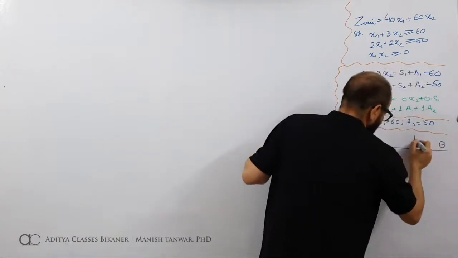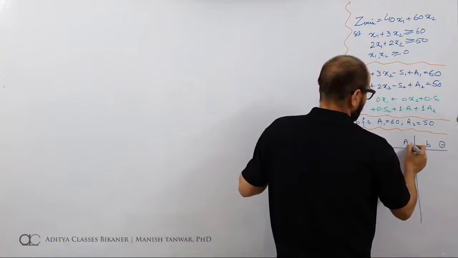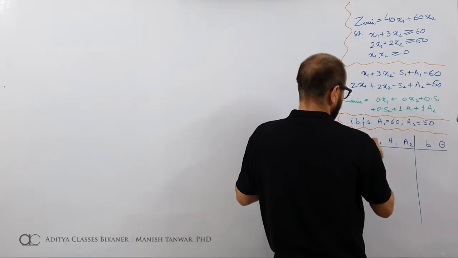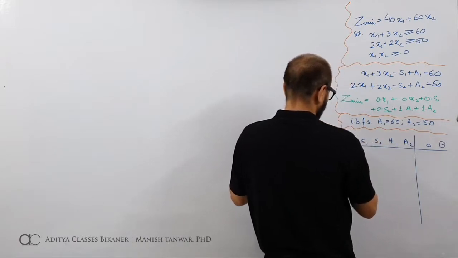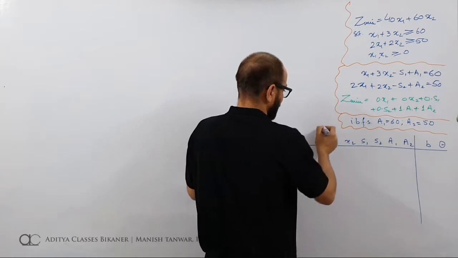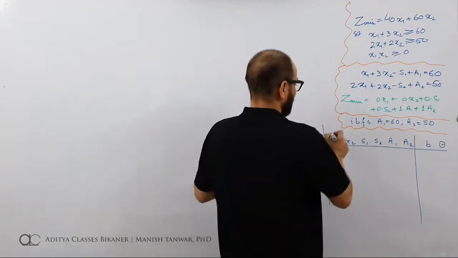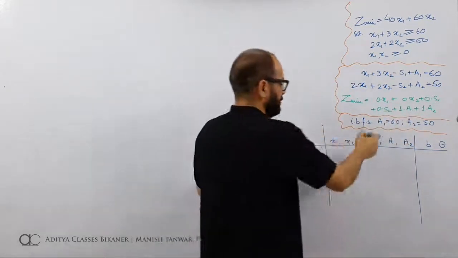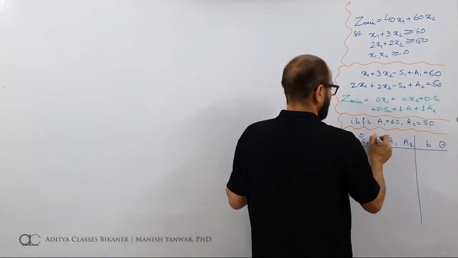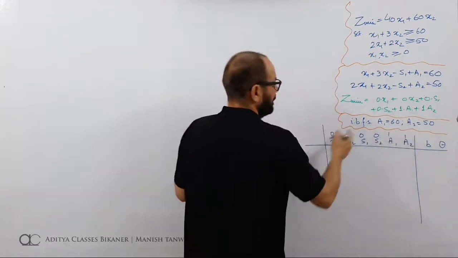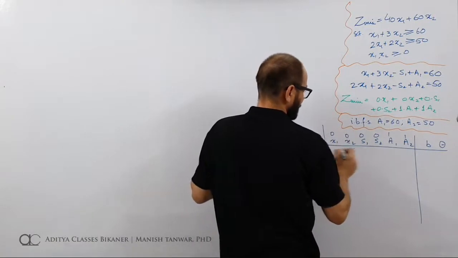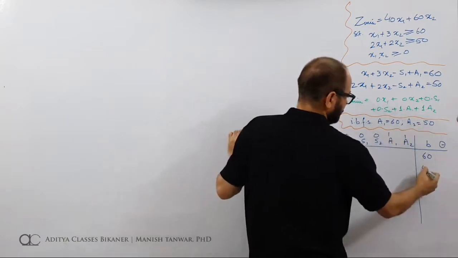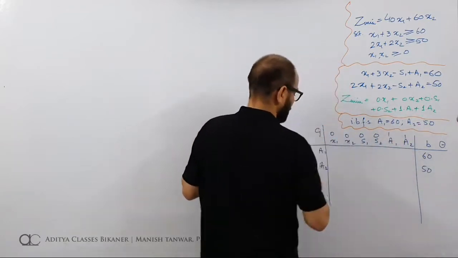Theta, B, A2, A1, S2, S1 all are coming in this table. And contributions are 0, 0, 0, 0. Contributions are 0 for all except for artificial. These will become 1, 1. IBFS is A1 is equal to 60, A2 is equal to 50. These are the contributions.